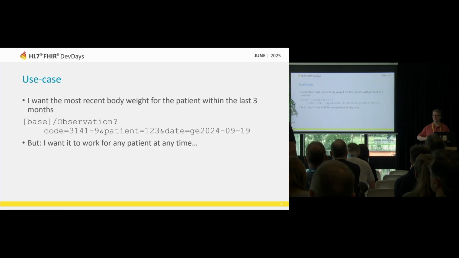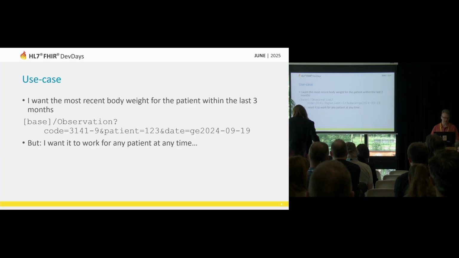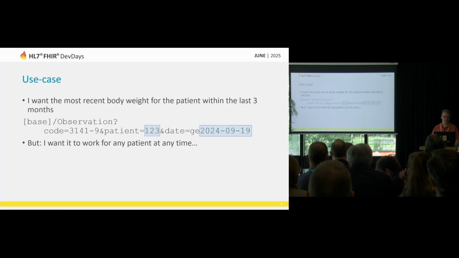But who that patient is going to change depending on what patient I'm looking at, and 3 months is going to change every day in terms of how old I want it. So normally I would just write a query that looks like that, specifying the specific patient ID and the specific date, but that is locked to a specific patient and to a specific time period. And that doesn't satisfy my use case because we want those 2 particular data elements to change.